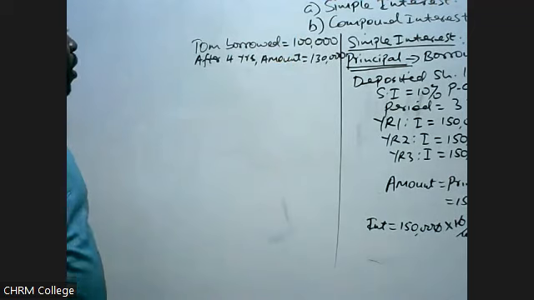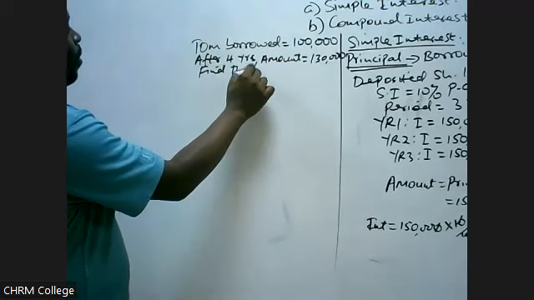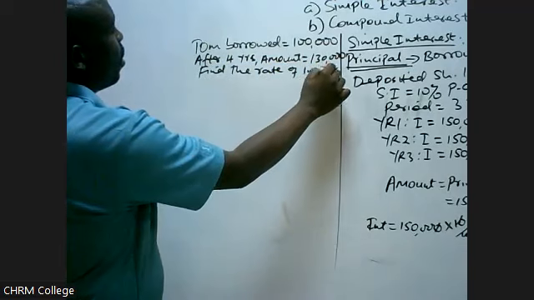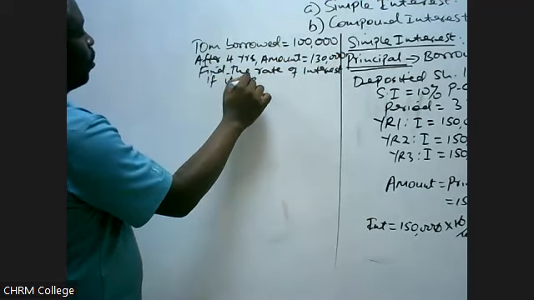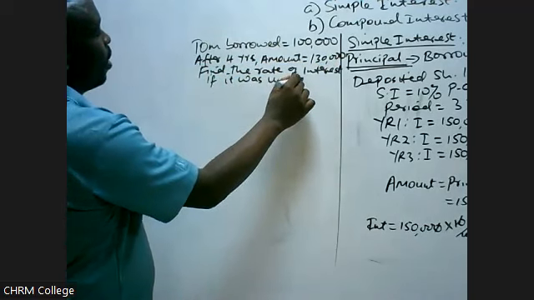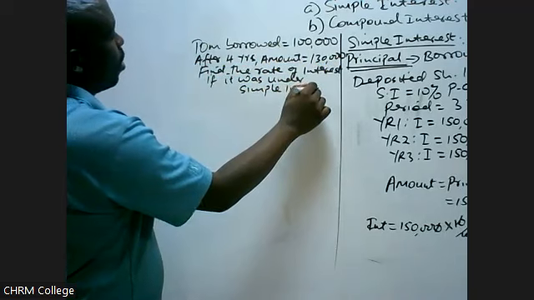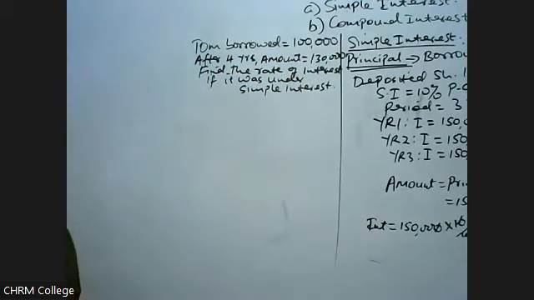Now you are told: find the rate of interest if it was under simple interest.